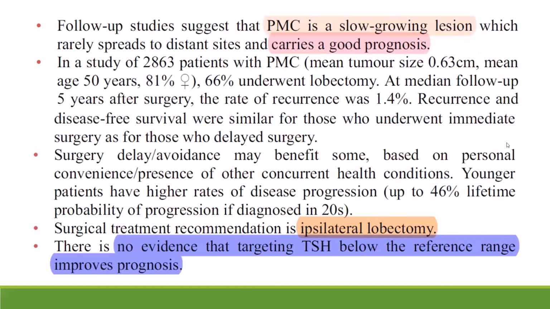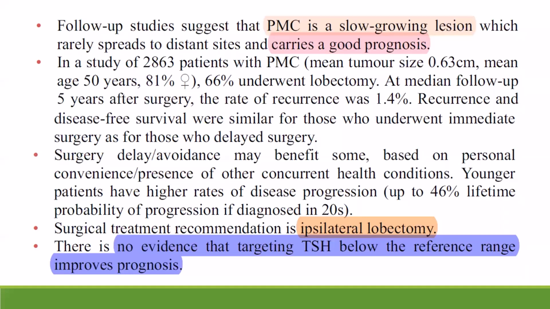Better now. Okay. So, papillary microcarcinoma is a slow growing lesion and actually carries a very, very good prognosis, and is usually treated by surgical lobectomy. In this situation of microcarcinoma, there is no need for radioactive iodine ablation and no need for suppressive therapy, just replacement by thyroxine.